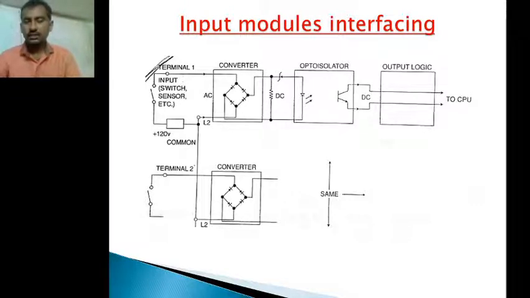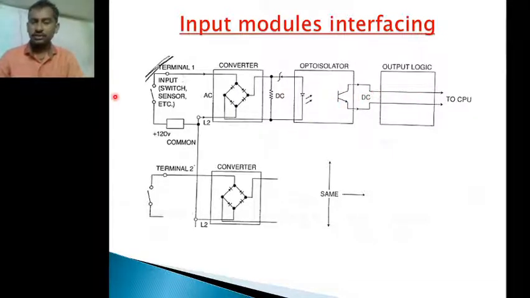For the input module, what are the four stages? This one is the input terminals, this one is the converter circuits, this one is the isolation circuits, and this one is the output logic circuits.